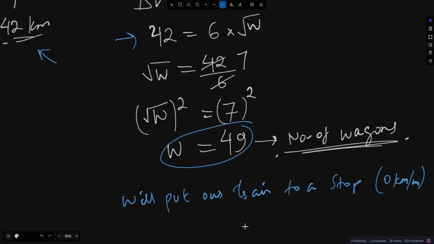But we don't want that. We want it to keep moving. And we can't have half of a wagon. We can have 1 wagon, 2 wagons, 48 wagons, 49 wagons.